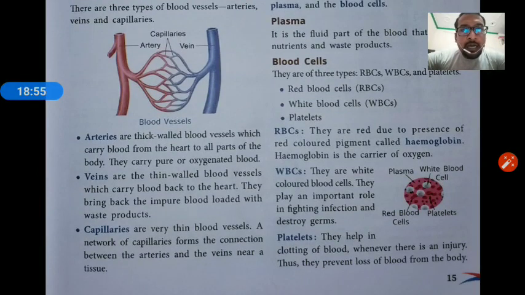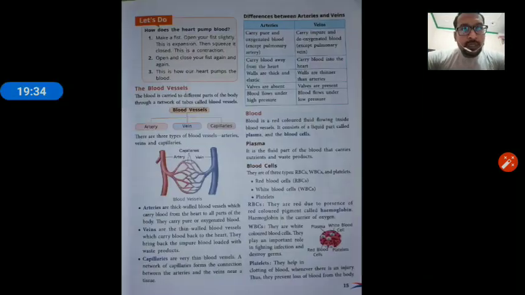Arteries are thick-walled blood vessels which carry blood from the heart to all parts of the body. They carry pure or oxygenated blood. Veins are the thin-walled blood vessels which carry blood back to the heart. They bring back the impure blood loaded with waste products. And the last, capillaries, are very thin blood vessels, and a network of capillaries forms the connection between the arteries and the veins near a tissue. So this is answer number 2.